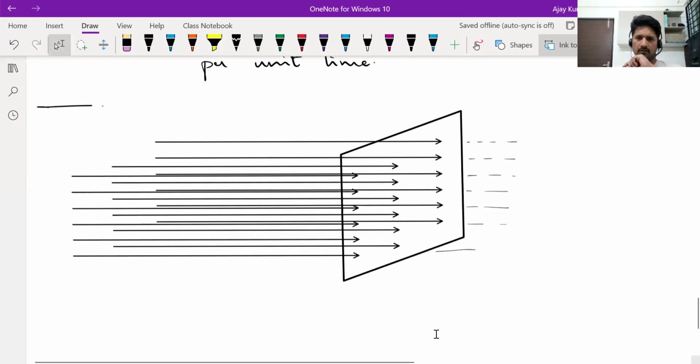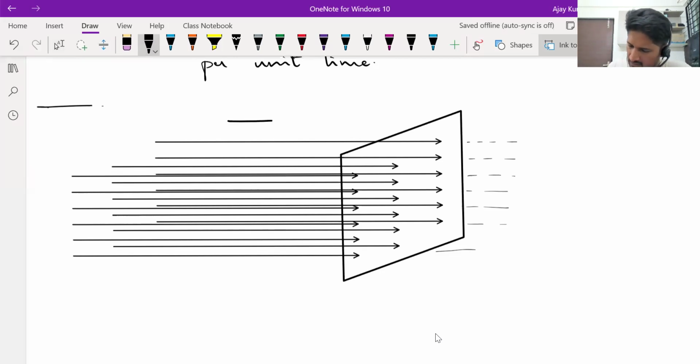Fine. So as the EM waves pass through this surface, energy will be passing through this surface. Or suppose it is blocking those waves, energy is at least falling on that surface. Assume the waves are traveling with a speed v.